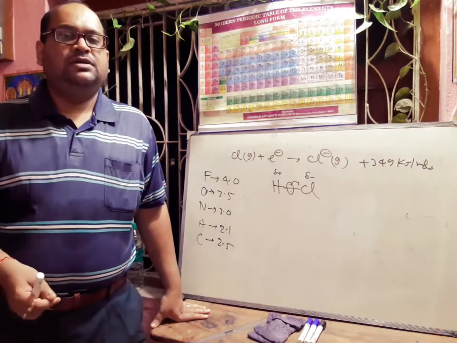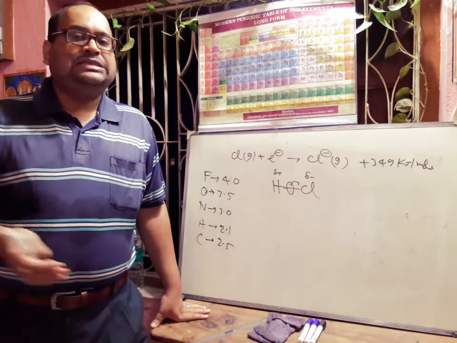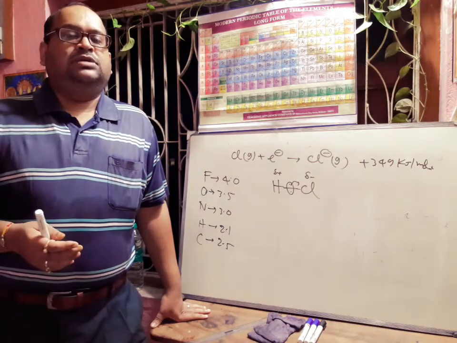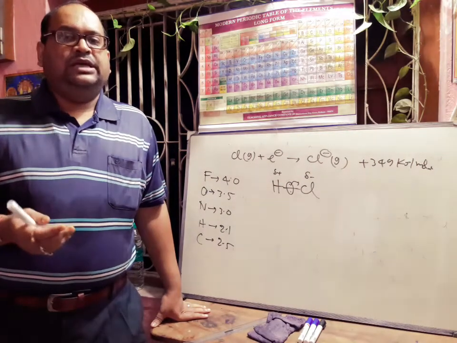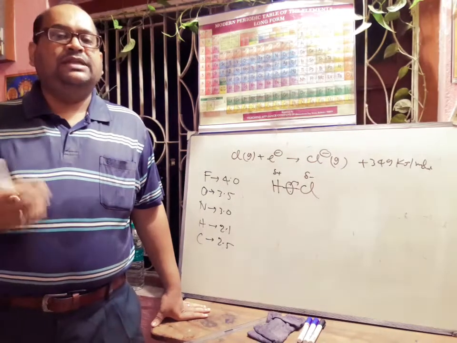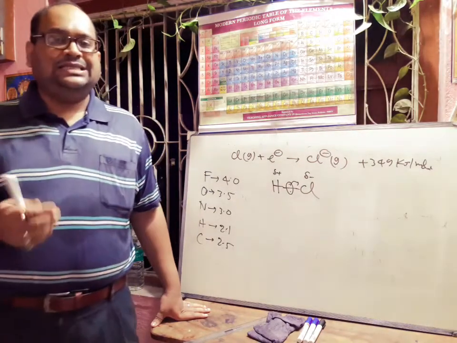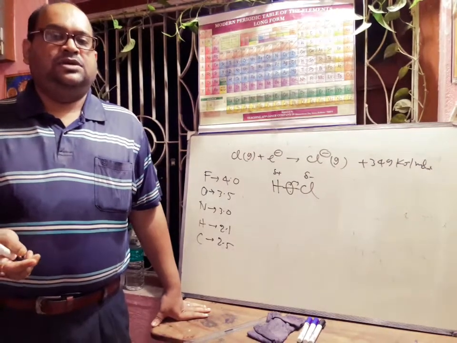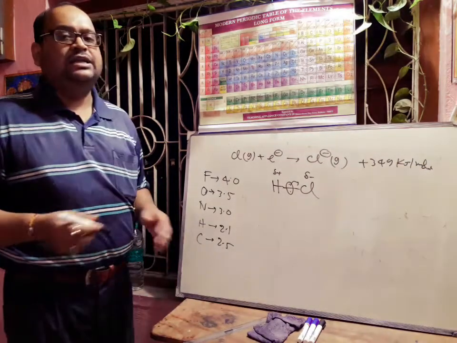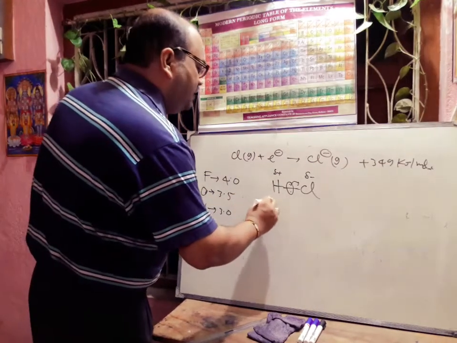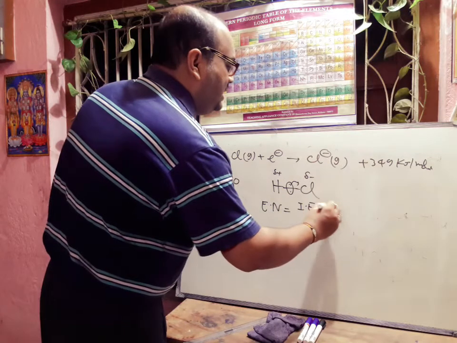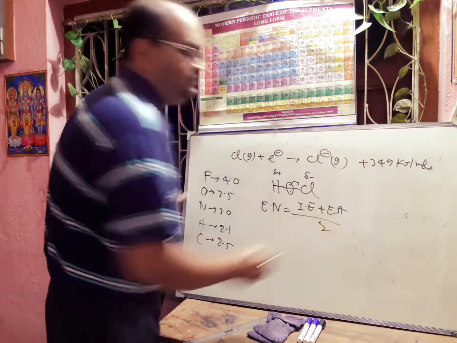And the others you need not remember, you just need to remember the decrease or increase of the value, or the trend, in the periodic table. Now another scale was given by Mulliken. According to Mulliken, the electronegativity of an element is the arithmetic mean of its ionization energy or ionization enthalpy value and electron affinity value. So according to Mulliken, we can write that electronegativity value will be ionization energy plus electron affinity divided by 2.